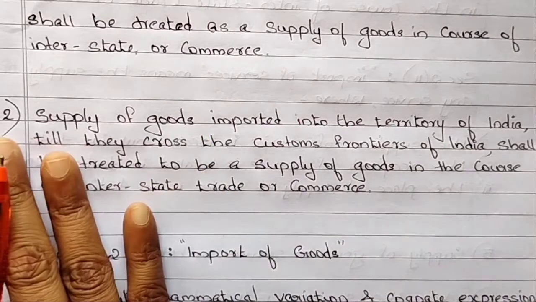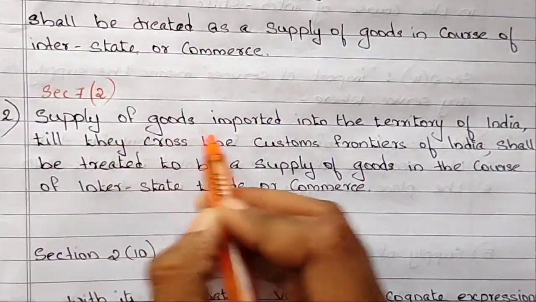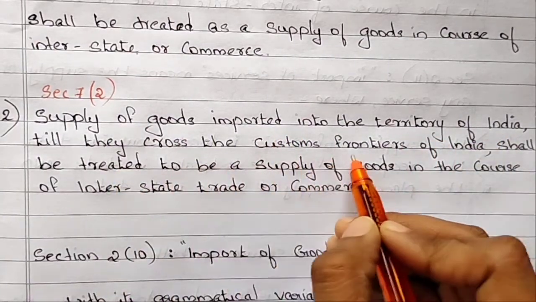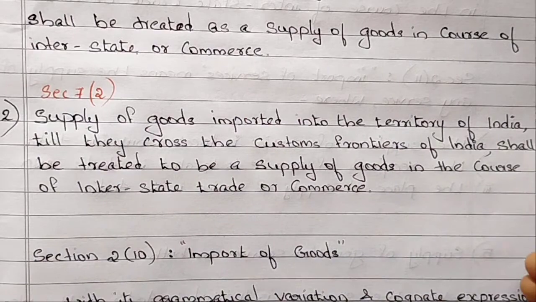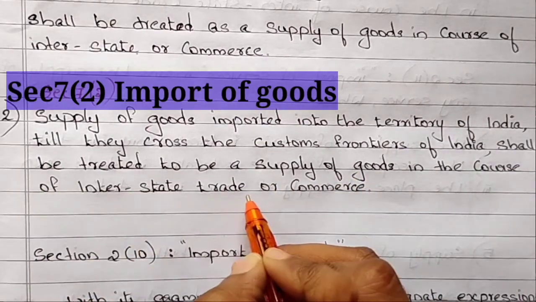Next, section 7 subsection 2. Supply of goods imported into the territory of India till they cross the customs frontier of India shall be treated as a supply of goods in the course of interstate trade or commerce.